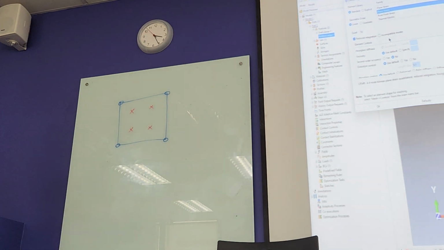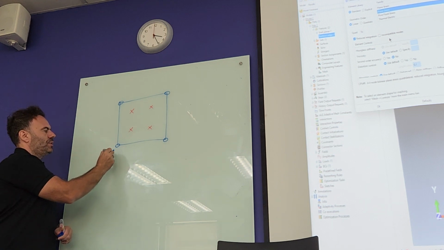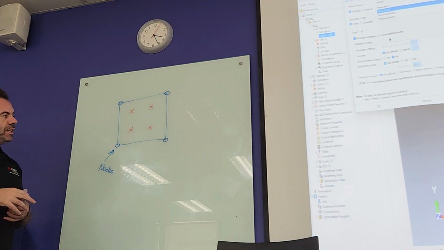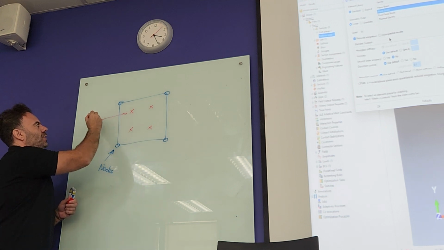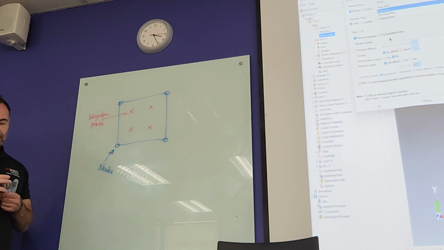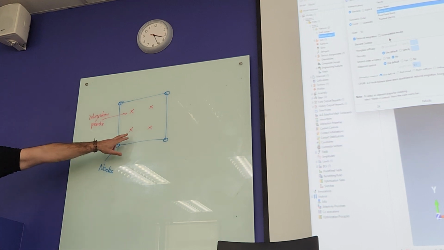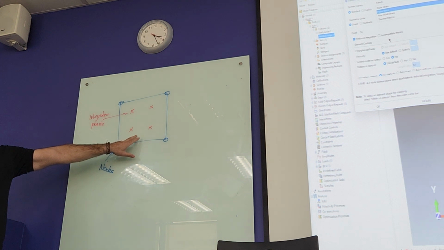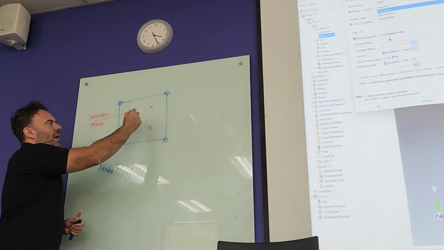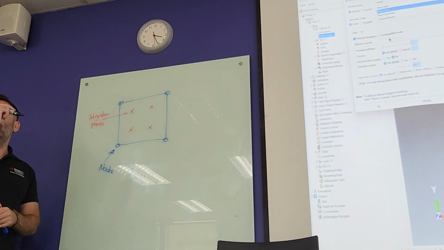If we take this to be our element, okay? So remember, at the corners, we have nodes. And inside, we have integration points. If we have this, it is a full integration element. If we have reduced integration, that number reduces by 1 in each direction.